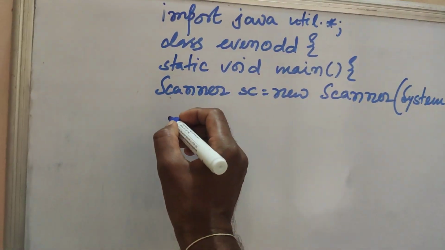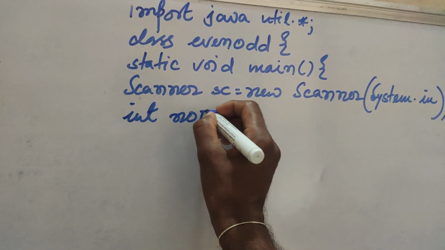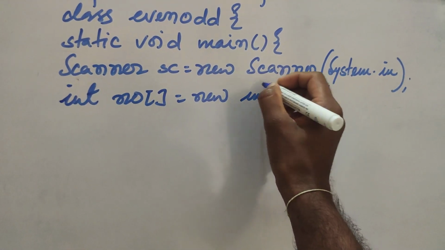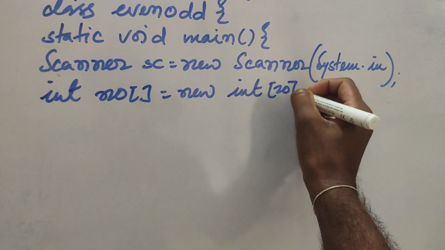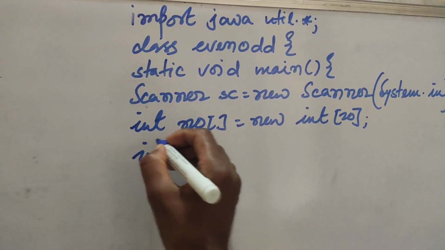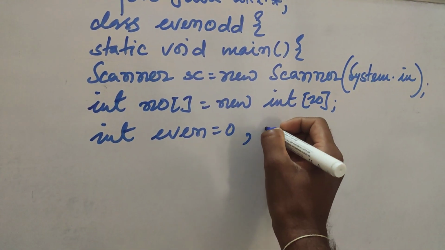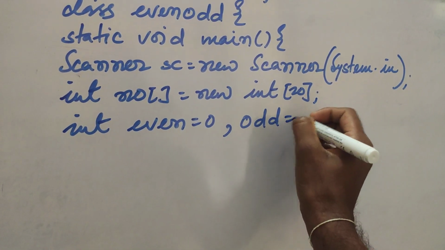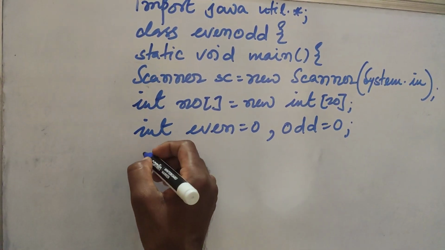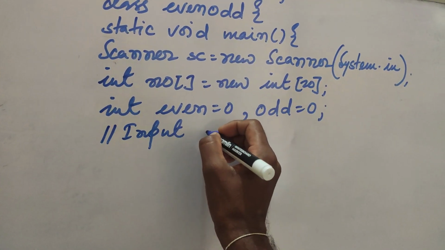Then, suppose 20 numbers, int number[] = new int[20]. For the additions of all the even numbers and odd numbers, I am taking the variable even equal to 0, odd equal to 0. Now here I am giving a single line comment: input part.